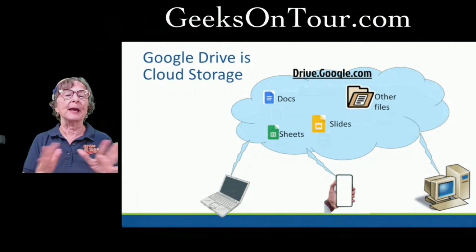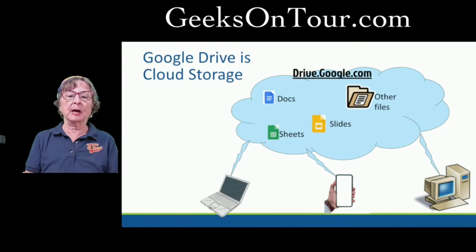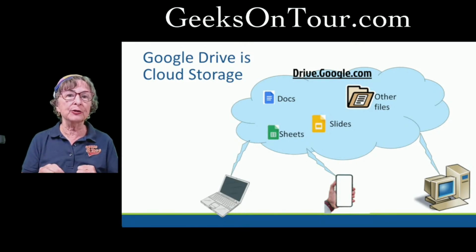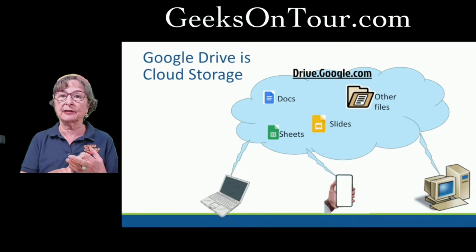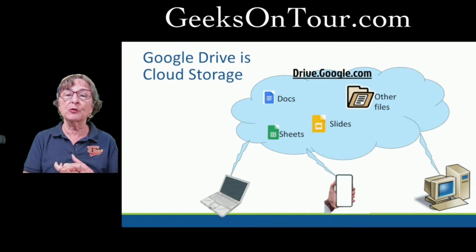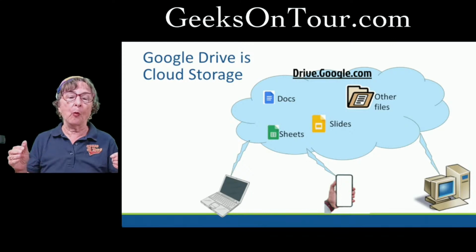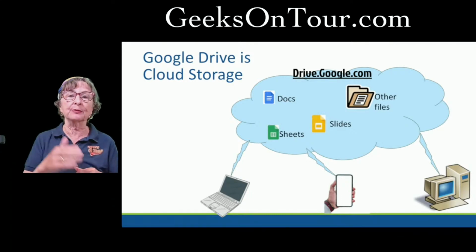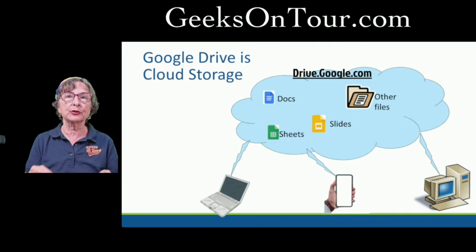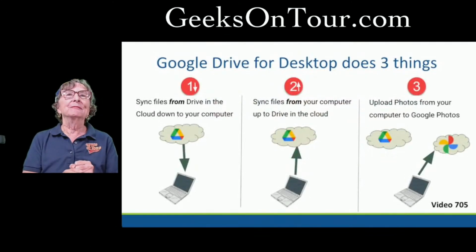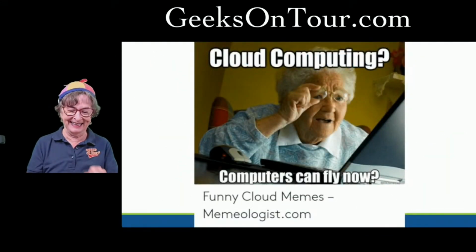That can be done from any computer, any mobile device, as long as you know your username and password. So it is cloud storage for anything you want to put up there. It can create Docs, Sheets, and Slides, but it can store anything else. Any connected device, computers or mobile, can access it. So that's drive.google.com, cloud storage. Cloud computing?